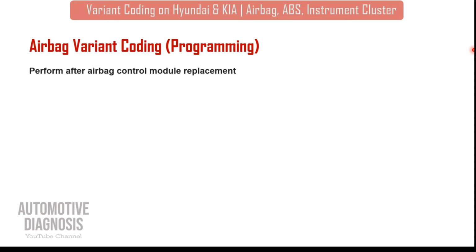You need to perform the variant coding right after replacing the airbag control module. If you don't, the airbag light will be on and you will have a fault code, B1762 ACU coding error, which will show up if you don't perform the airbag variant coding.